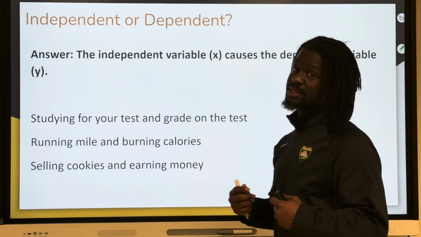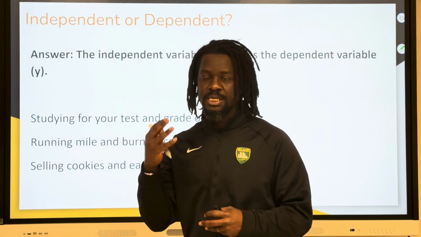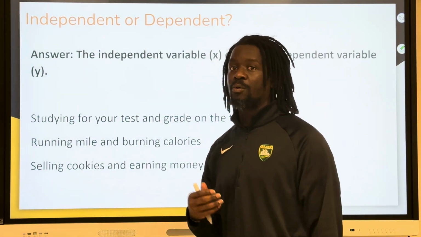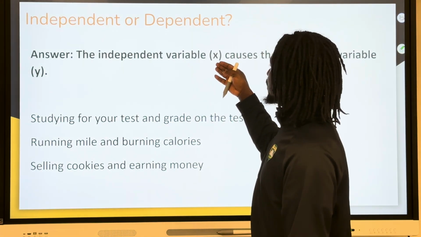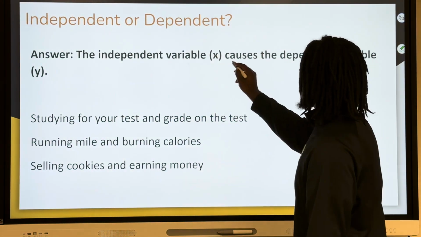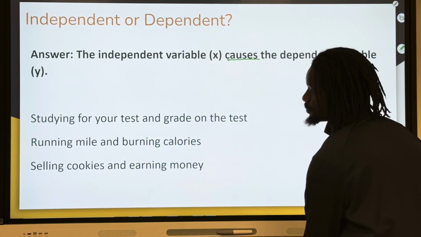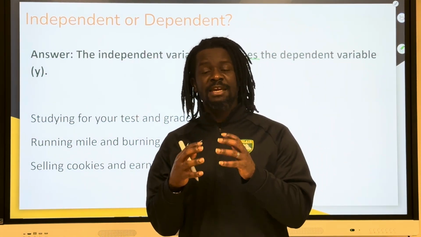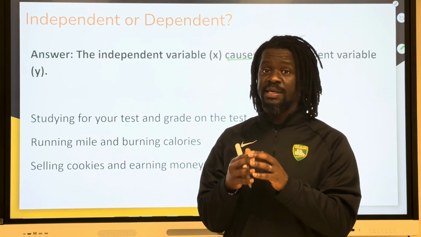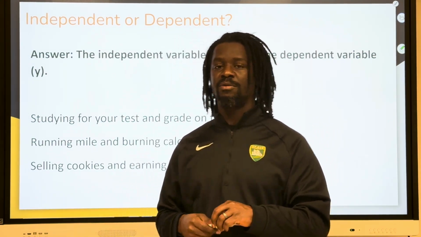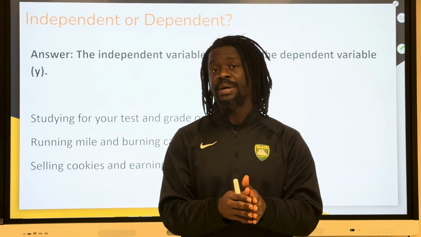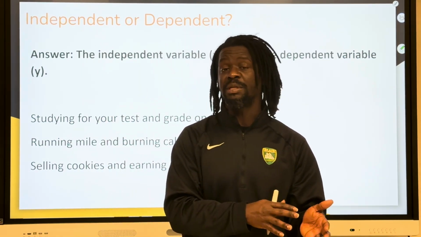All right, and this is our final FAQ. Is it independent or dependent variable? Okay, well, the answer is that the independent causes the dependent variable. I really emphasized in this lesson when we talked about independent variables and dependent variables, one way you can think about it is to think about cause and effect relationships.